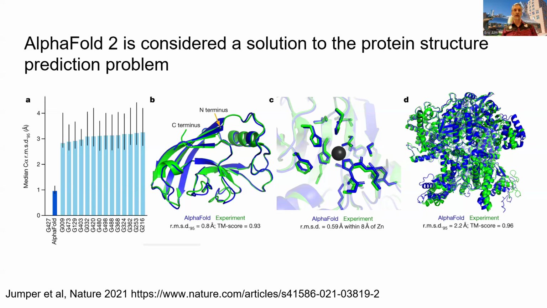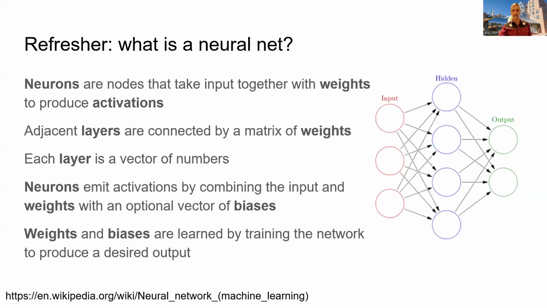And so, even if this is a solved problem, it's certainly not solved in all cases. But even if it were, the exciting part of what do we do with these models is totally open. Okay, and that's of course where it's going to have its biggest impact.